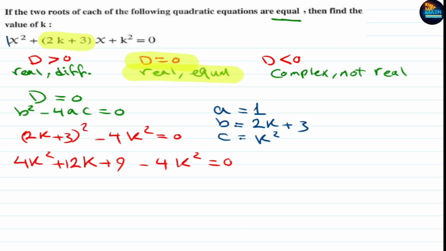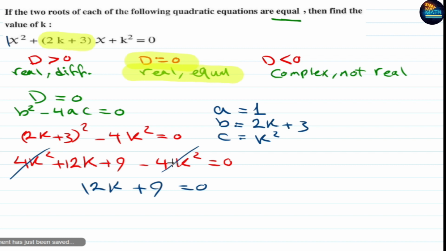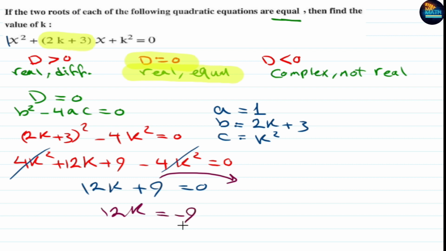All right, let's simplify. You have 4k squared and minus 4k squared. They are canceling each other out. So you are left with 12k plus 9 is equal to 0. Moving 9 to the other side, you have 12k is equal to negative 9, divided by 12.